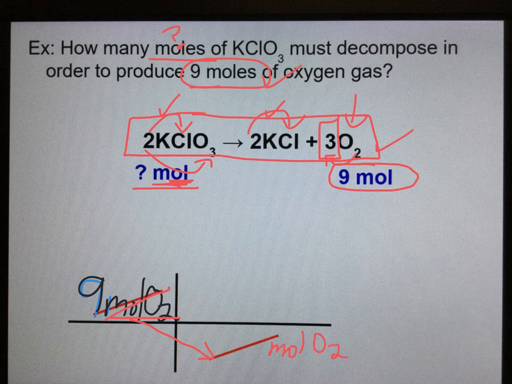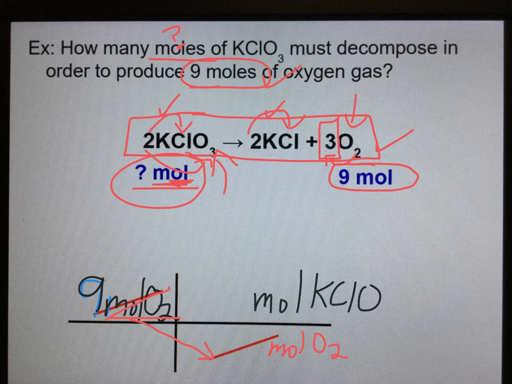Now, what is it that I'm looking for again? I'm looking for the mole of KClO3. So I'm going to put mole of KClO3. Anytime I have a coefficient in front, these are going to be my moles.